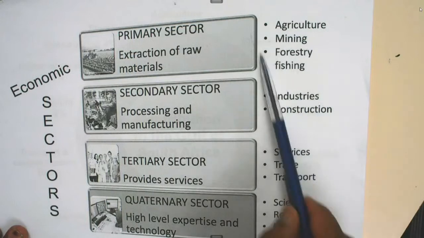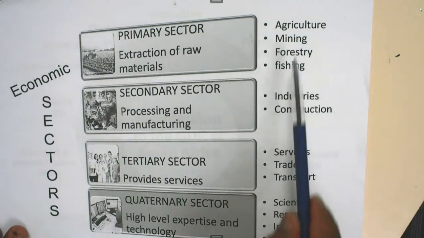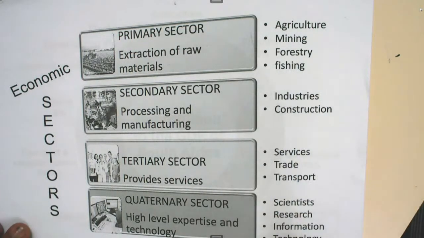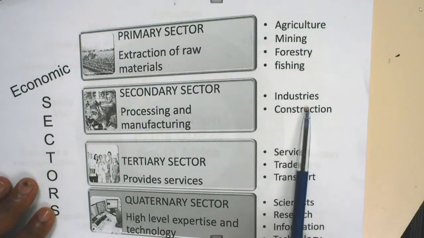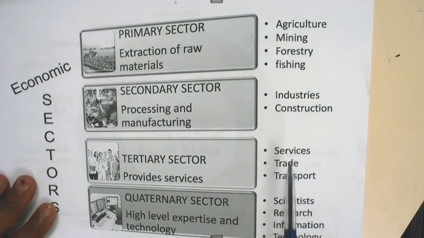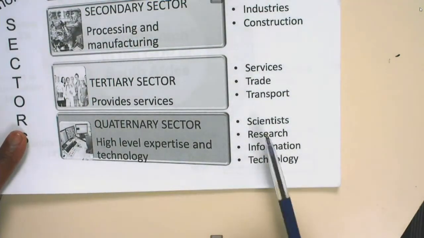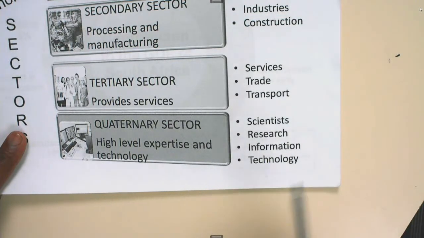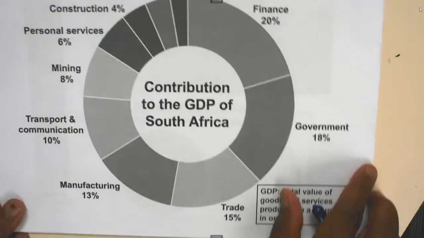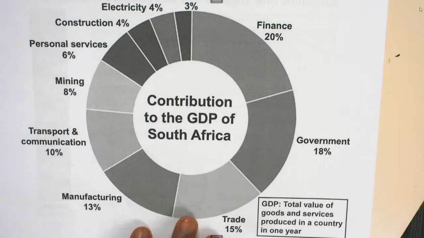Here are the examples of primary activities: agriculture, mining, forestry, fishing. Secondary: industries, construction. Tertiary sector: services, trade and transport. And quaternary sector: scientists, research, information and technology. So this is how the various sectors contributed to the South African economy in the past.